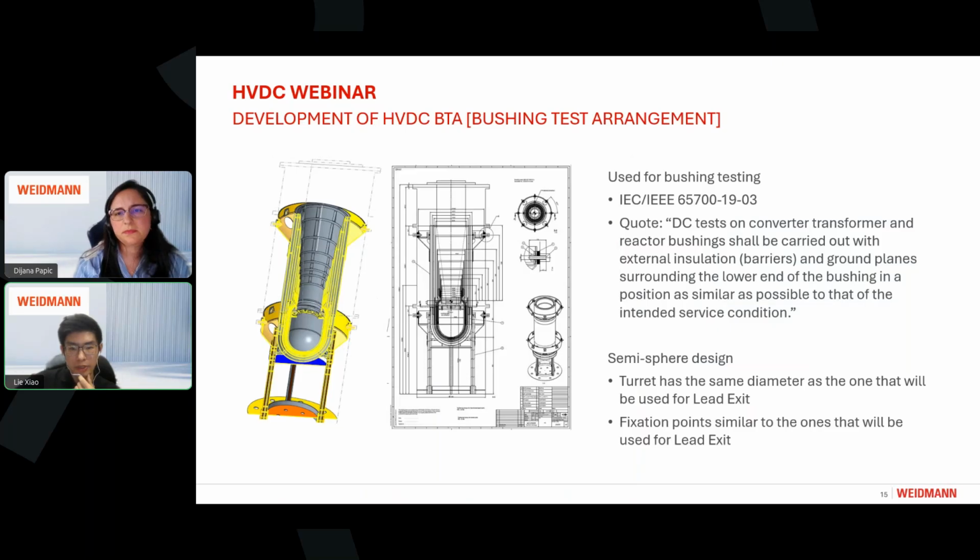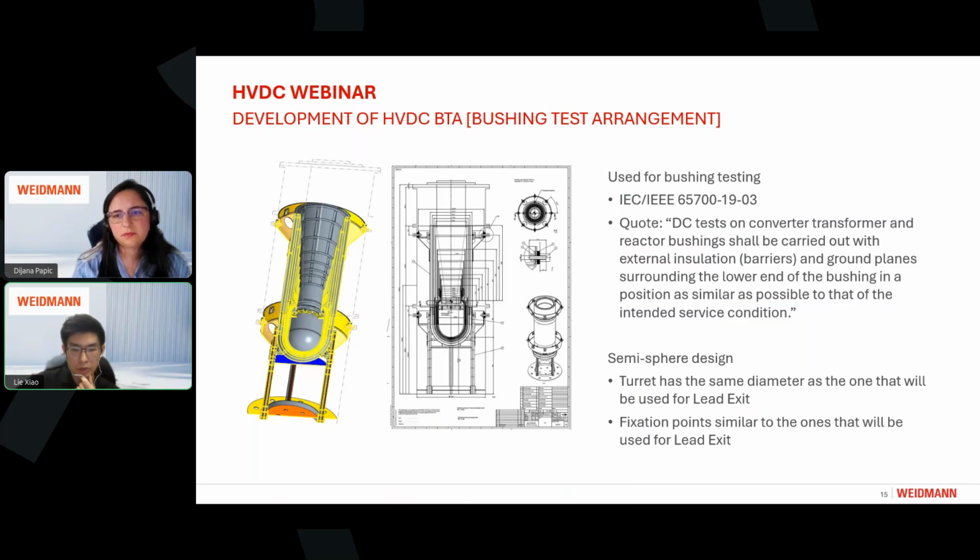So referring to the DC bushing standard, here we have this IEC and IEEE 65700, because if you need to talk about the bushing and also the bushing test arrangement, you need to go through the details and understand the requirements of the DC bushing for various aspects.